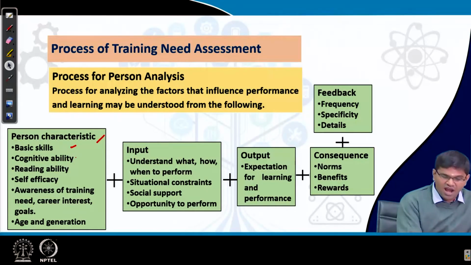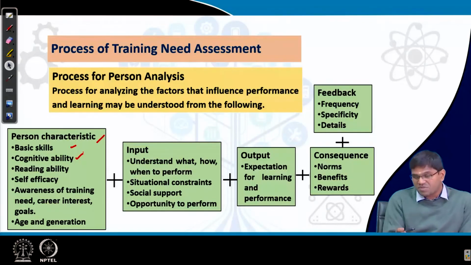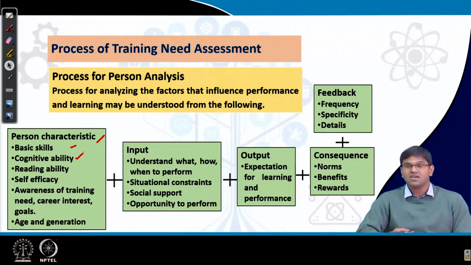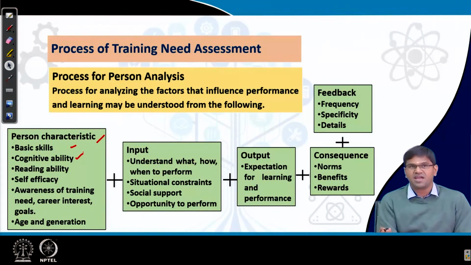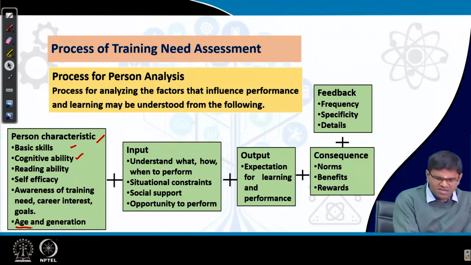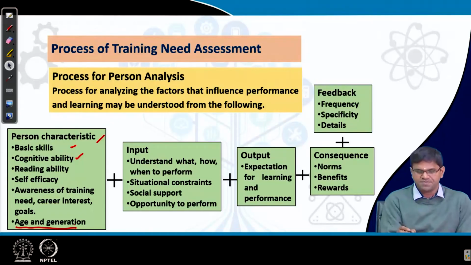Yes, basic skill. And your cognitive ability, your reading ability, or maybe the reasoning ability, or self-efficacy, the ability to believe that yes, you will be able to perform the particular task, and the awareness of training need, career interest, age, and other things you will be assessing on the personal characteristics of the employees.